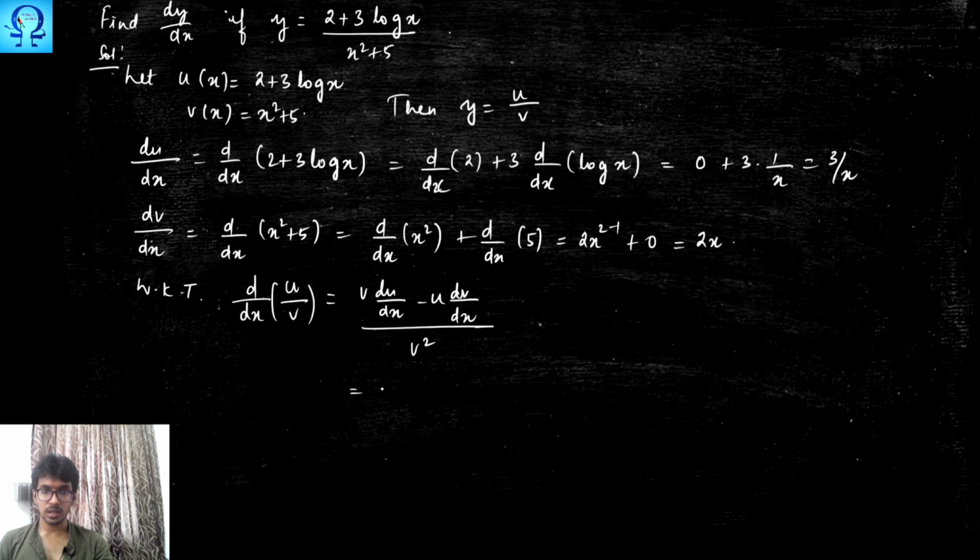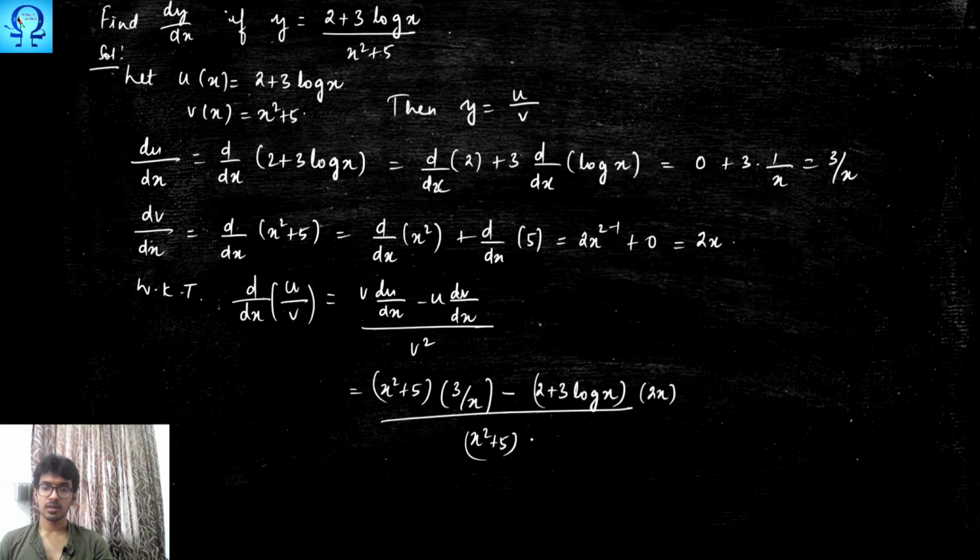So the v value here is x² + 5, and du/dx is simply 3/x, minus the u value, 2 + 3 log x, and dv/dx is 2x, upon v squared, which is (x² + 5) whole square. Mark this as equation 1 or star.